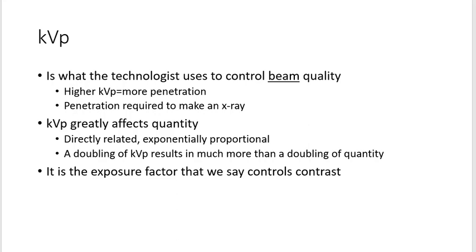So you get a 15% increase in kVp, and the total area under that curve would double. So a doubling, we refer to that as an exponential relationship, because a 15% change in kVp doubled your quantity. So a doubling of kVp would result in a massive change, much more than doubling of the quantity.